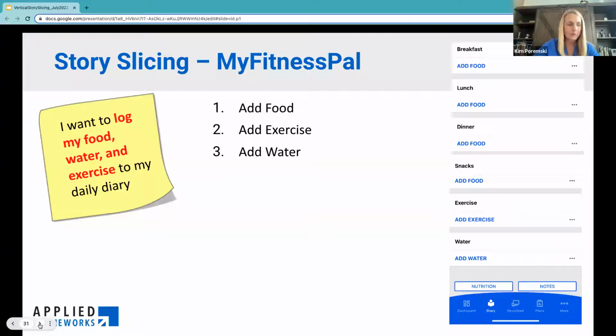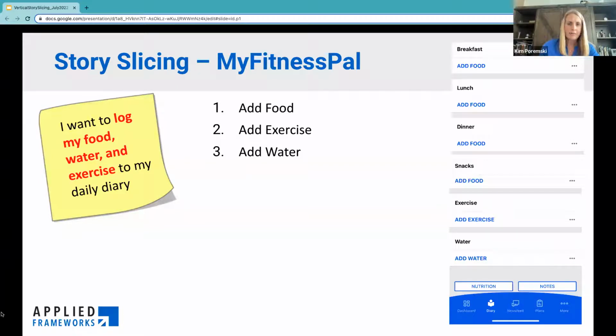Lately, I have been on this kick of using MyFitnessPal. I use it every day to log all of my meals, my exercise, and my water consumption. If you're not familiar with MyFitnessPal, this is just a quick little view into the interface. As you can see here, it breaks it out by breakfast, lunch, and dinner, and I can add food for all those different times of day, even snacks, and then exercise and water.